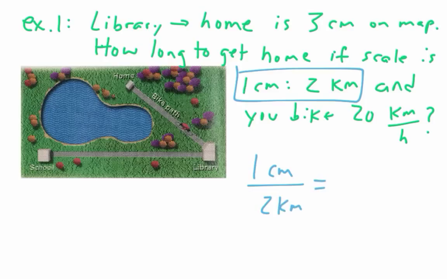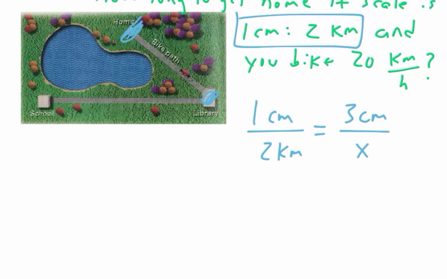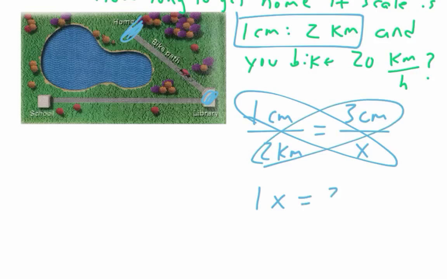You don't have to write all this out if you don't want to, but if you get one that you can't easily do in your head, this is how you come up with it. We know it's 3 centimeters on the map from home to the library, so we put our 3 centimeters in the numerator. That's what we were doing yesterday. And we're looking for the distance in kilometers. So when we cross multiply, 1x equals 2 times 3. So x equals 6.